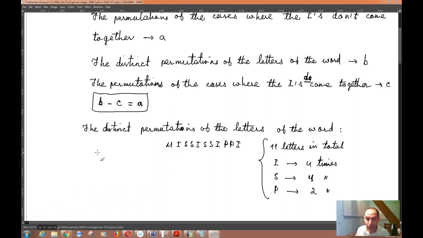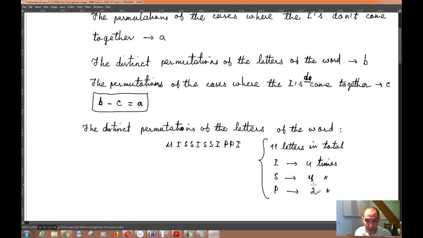Okay, so now basically to calculate the distinct permutations of the letters of the word Mississippi, I know that the word has 11 letters in total, and I occurs 4 times, S occurs 4 times, and P appears 2 times, right?